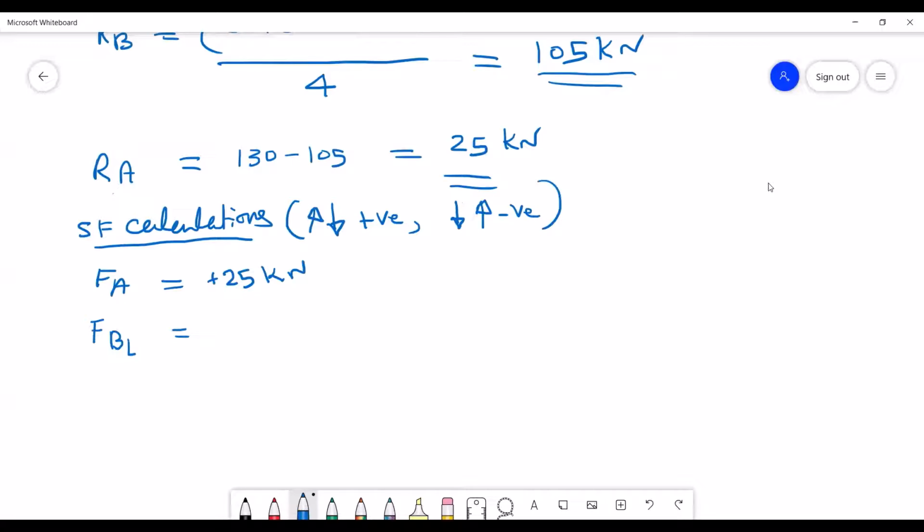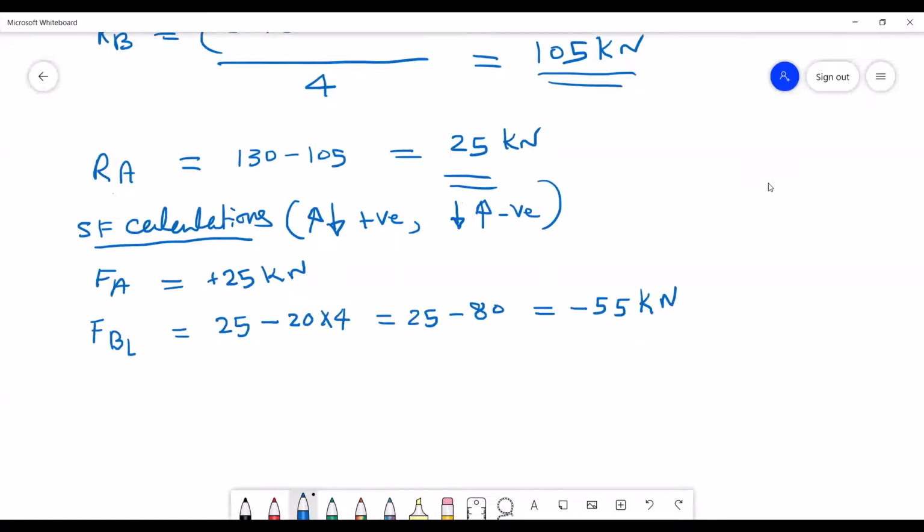On the left side we take 25 kilonewton, positive is already there. Then minus will come because the uniformly distributed load is acting downward, 20 kilonewton per meter for a distance of 4. So it will be 25 minus 80, that is minus 55 kilonewton.